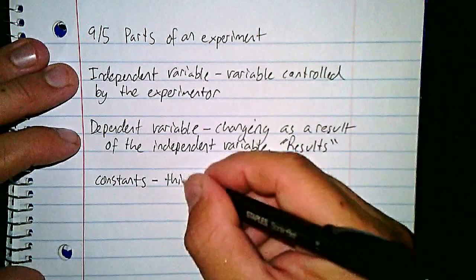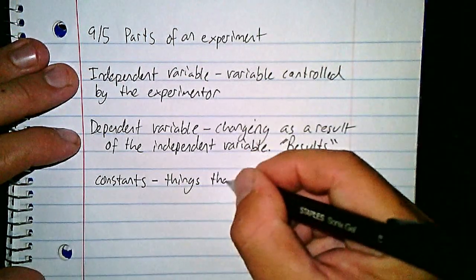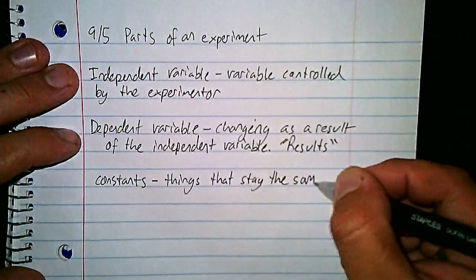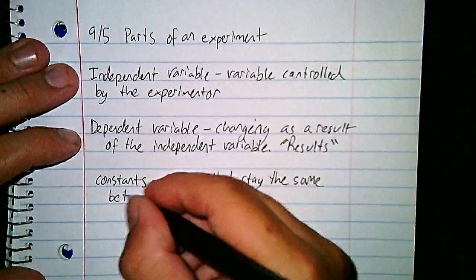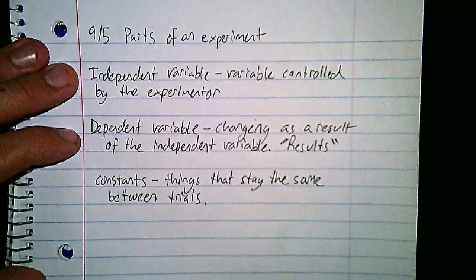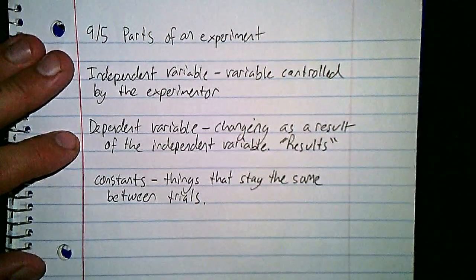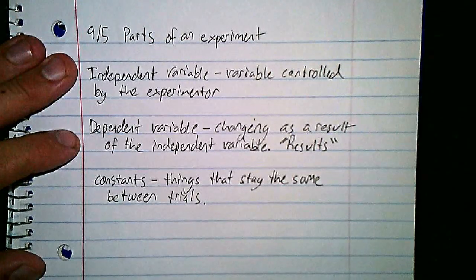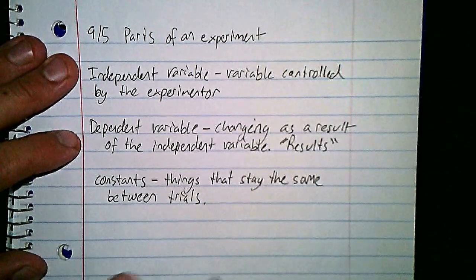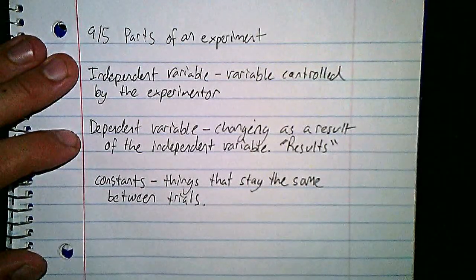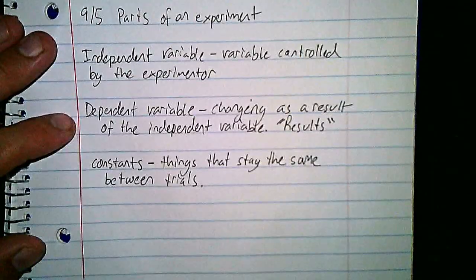So things that stay the same between trials. Okay? And that's why so many experiments are done in labs and air tunnels and things like this. We're trying to cut down on environmental changes that might kind of get in the way of us really understanding what is literally changing our dependent variable.